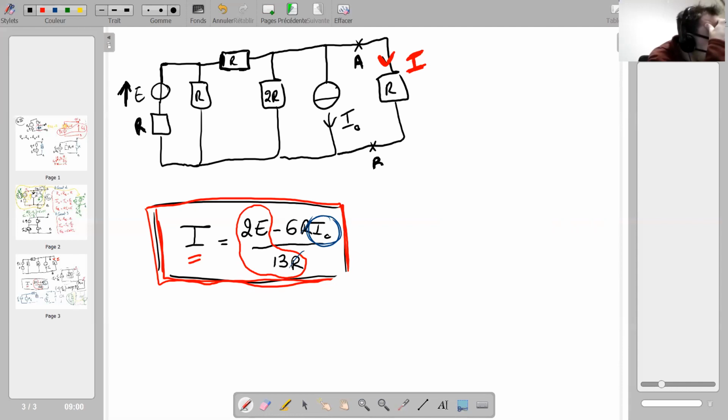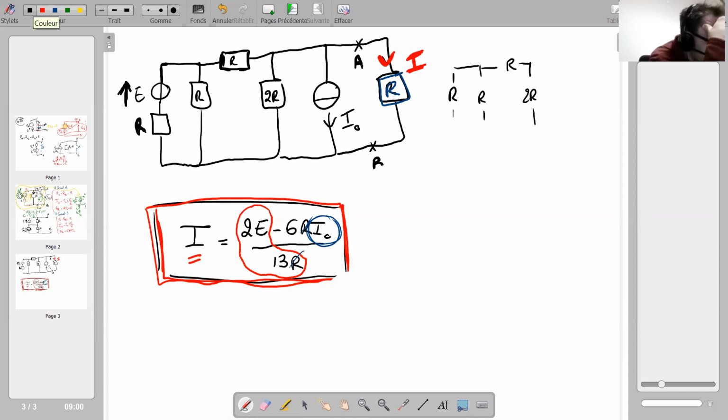This R here is not in series or in parallel to any other R. So of course, if you go for Norton or Thevenin, then you start switching off sources and you have this. Consider this R here as a load.